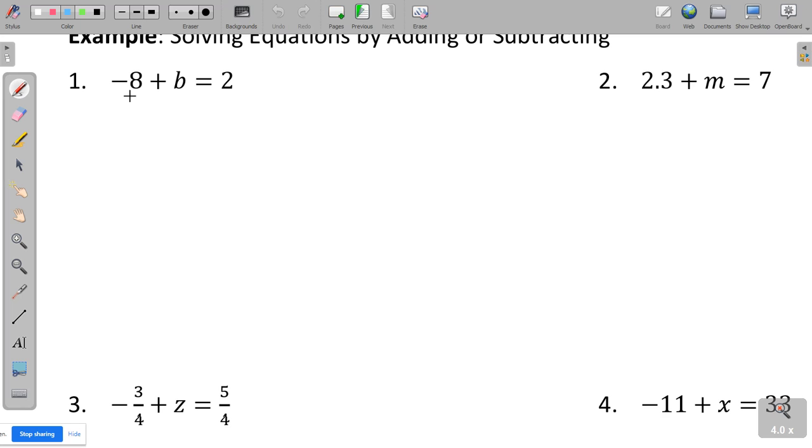For number 1, we have -8 plus b equals 2. We have -8. We have to move that to the other side. So we're going to do the opposite and add 8 to both sides. Cancels out. We bring down our b, and then we do 2 plus 8, and that is 10.